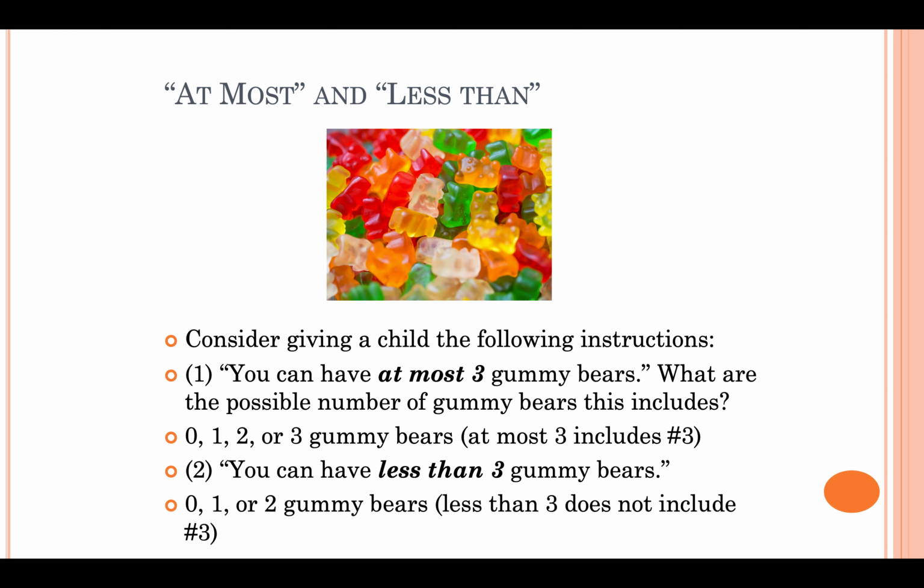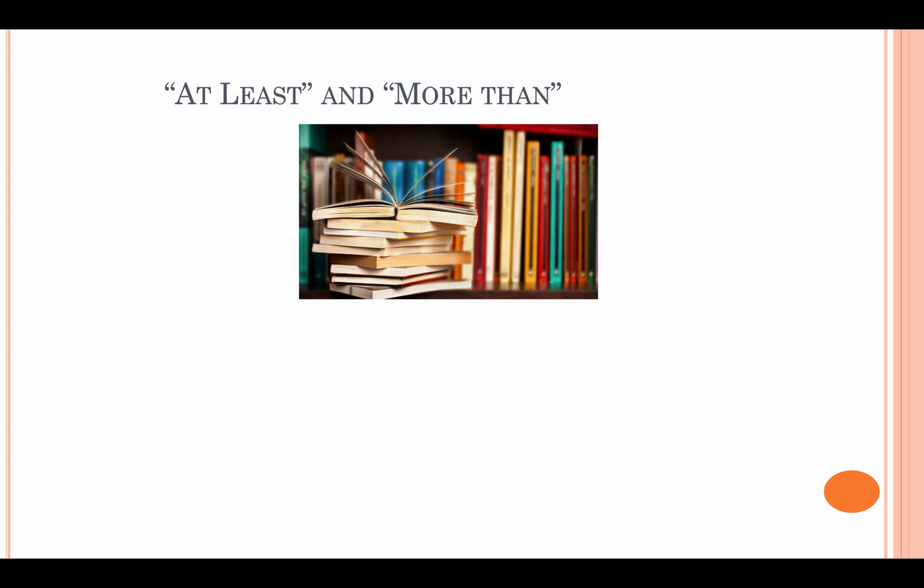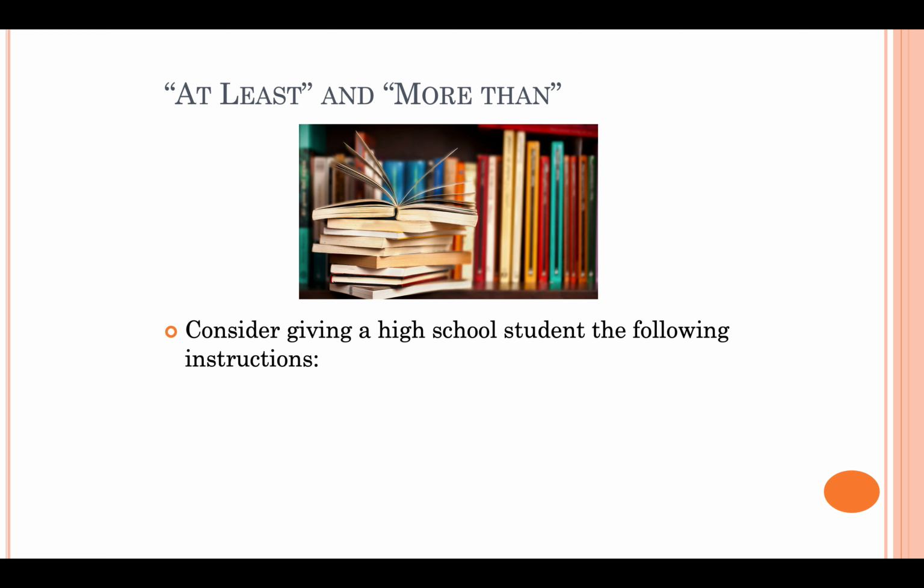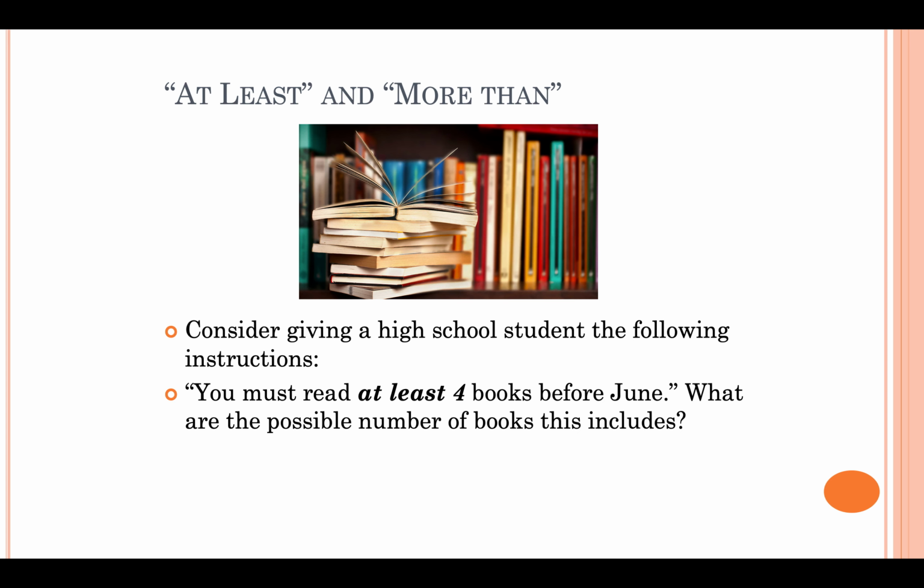So those two phrases are very important to understand and will show up in problems in this lecture and in this chapter. Similar to these two phrases, we have at least and more than. So if we have a high school student and we are giving the following instructions to the high school student, we can say, you must read at least 4 books before June.